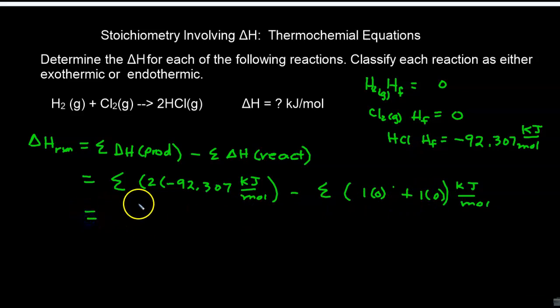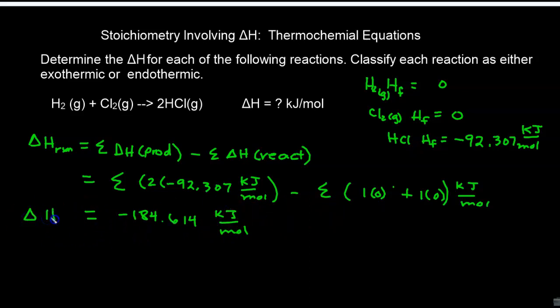So we're going to go ahead and do our calculation. We just need to take the 2 times the negative 92.307. So our value that we're going to get here is a negative 184.614, again kilojoules per mole. And of course, we're subtracting 0 on that. So we know that this is our final answer.